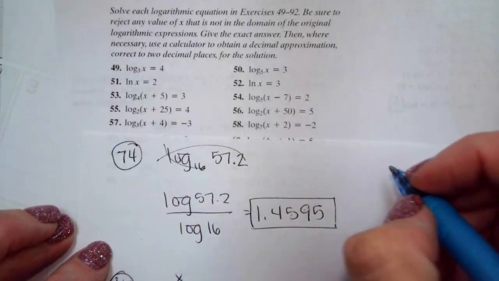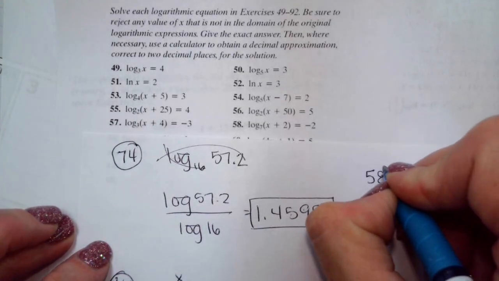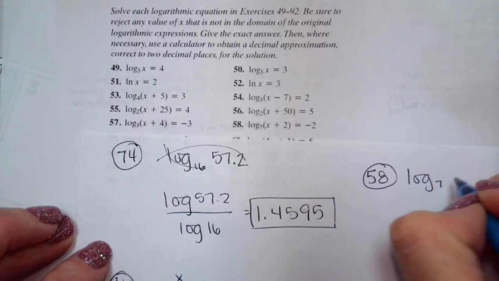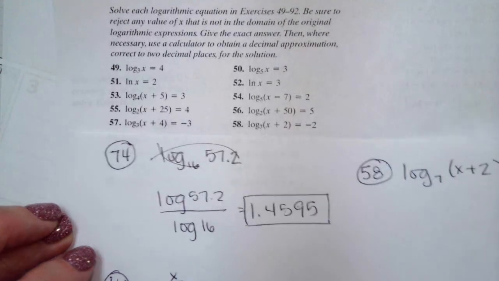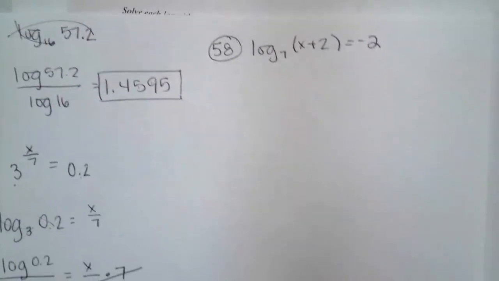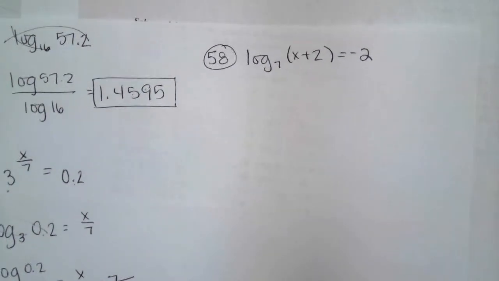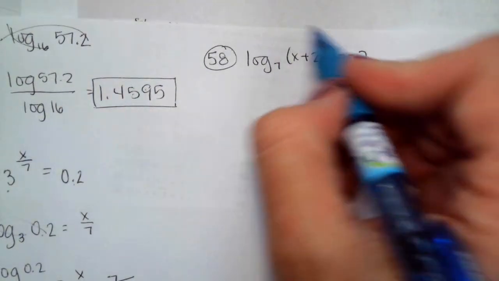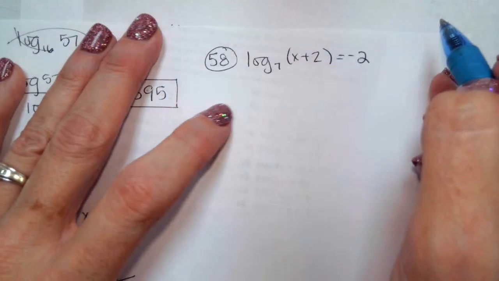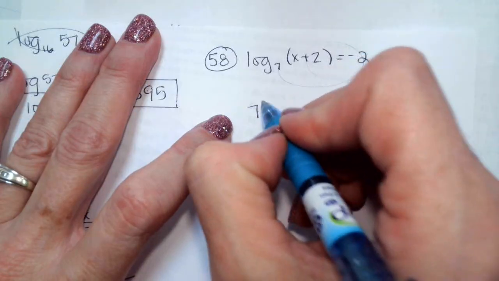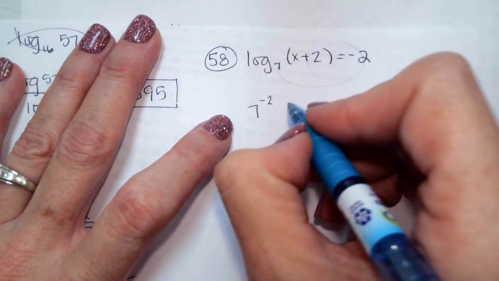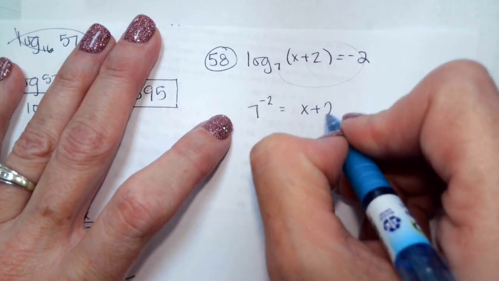Okay, so if I do 58, I've got log base 7 of x plus 2 equals negative 2. Okay, so this is in logarithmic form. I am going to put this into exponential form. So 7 raised to the negative 2 is equal to x plus 2.